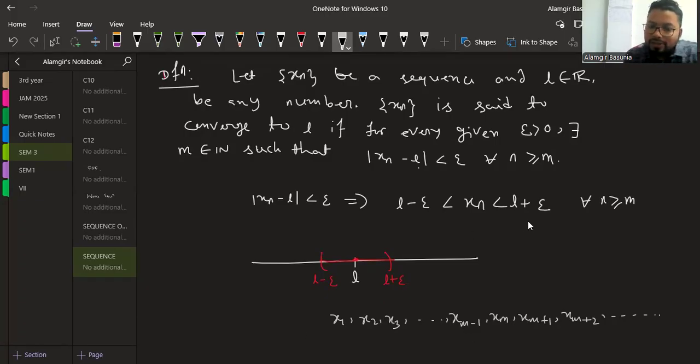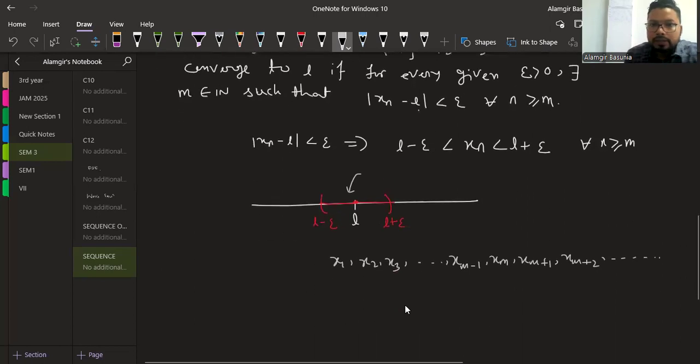Now, this definition basically tells us that all the terms, including the Mth term and then after it M+1, M+2, M+3, M+4, all other terms will belong to that interval, L minus epsilon to L plus epsilon.